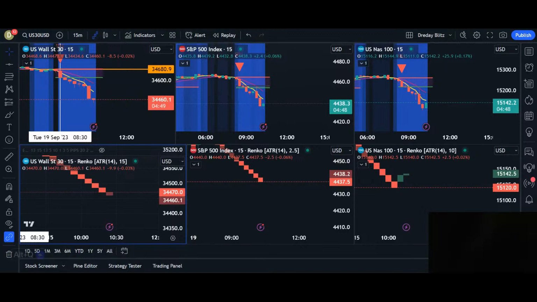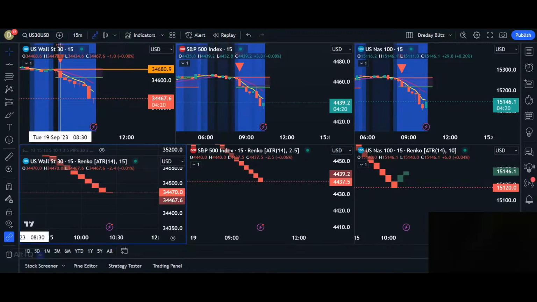Based off of that, you're able to get entry signals, and then you manage your trade with the Renko bars. The Renko bars are based off of points and not off of time. As long as the Renko bars are showing you the same directional bias as the candlesticks, you're keeping your trade open until the next reversal.